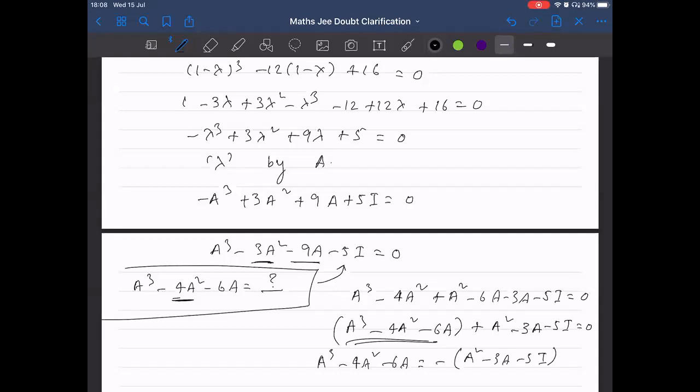So here, actually, the characteristic equation is not that useful because whatever characteristic equation we got is not exactly in this form. So you can argue with me here that, sir, it is not helping in this problem. Of course, it's not helping directly, but it helps us avoid going for A cube. We can settle with A square itself. So A square, A value and I value, these three are enough to find this cubic expression value.